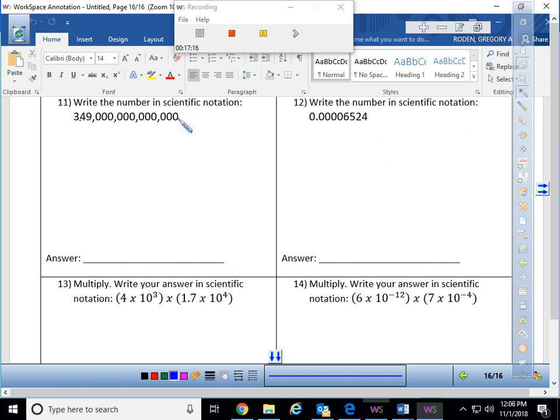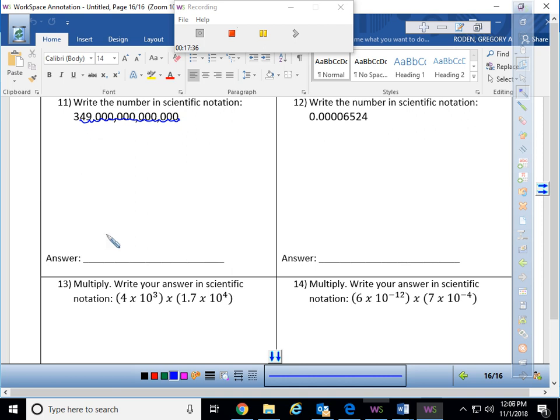So 1, 2, 3, 4, 5, 6, 7, 8, 9, 10, 11, 12, 13, 14 scoop-de-loops, if I did that right. Hopefully I did.